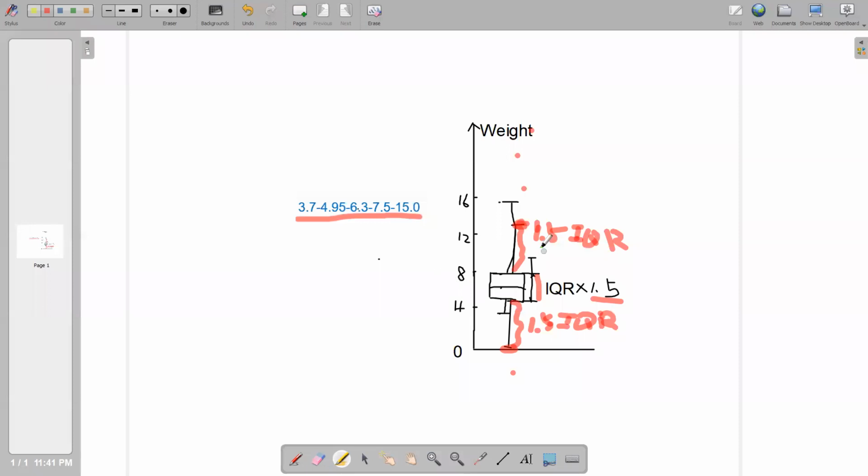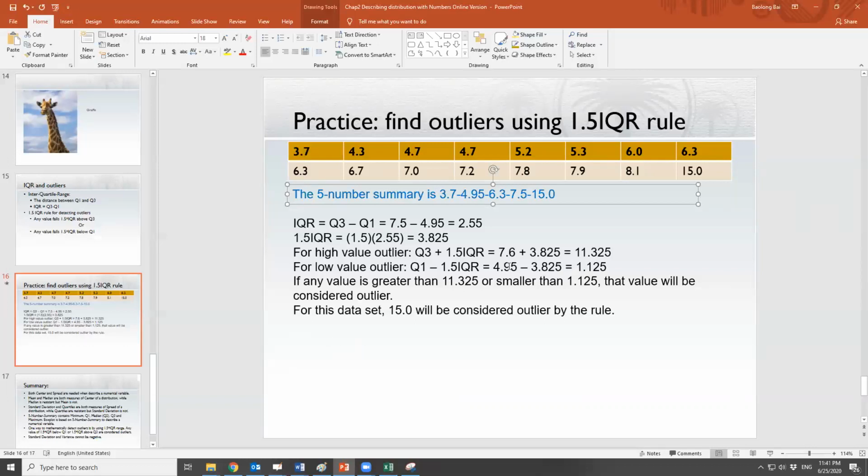Then we need to calculate the upper threshold. We start from this point, Q3, the top of the box, and go up 1.5 IQR. When you go up, you add, so Q3 plus 1.5 IQR is 11.325.